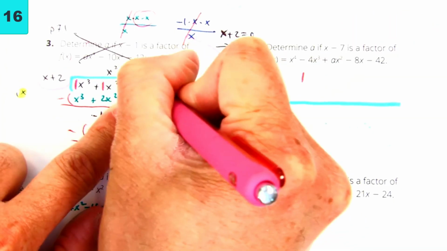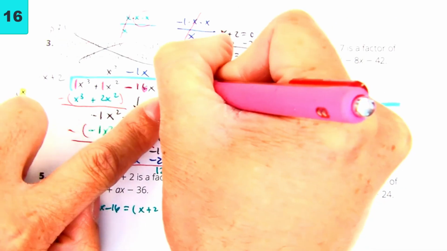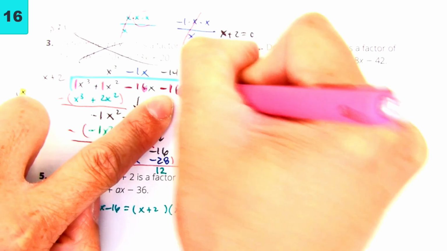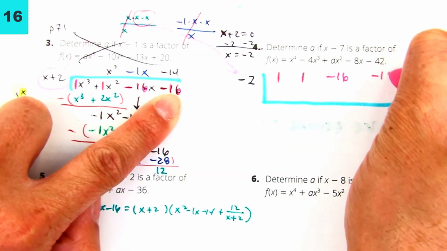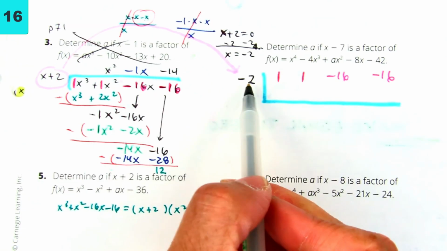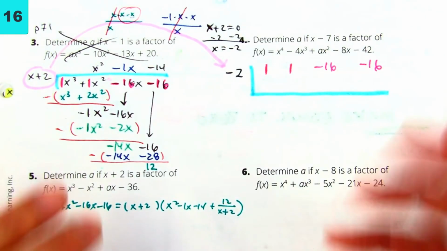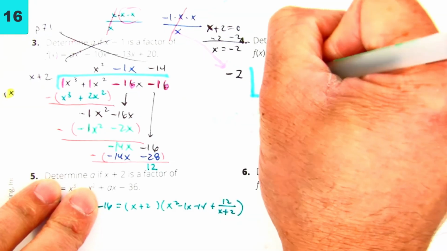Negative 16 and negative 16. So coefficients are just the numbers in front. The next thing we're going to do is bring an arrow down only for the first one. So we just bring an arrow down, so we're going to write the number 1.